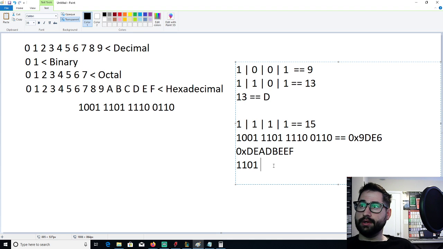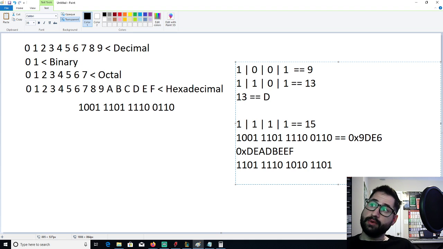E would be 14, so that would mean it is 1 less than 15. Then we have A, which is 10, so we need an 8, a 0 for the 4, and a 1 and a 0. Then we need another D, which is 1101.